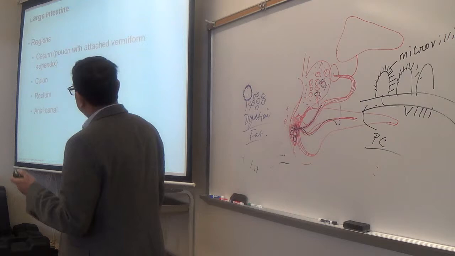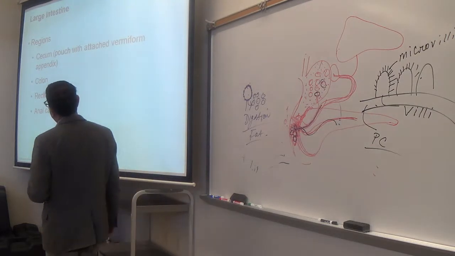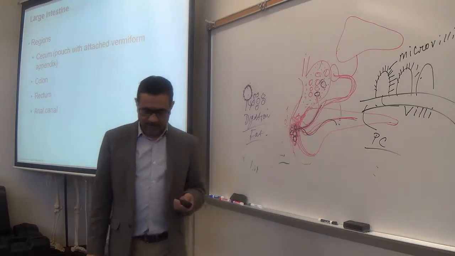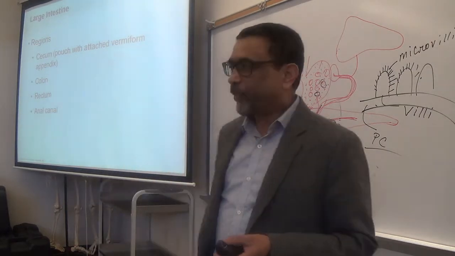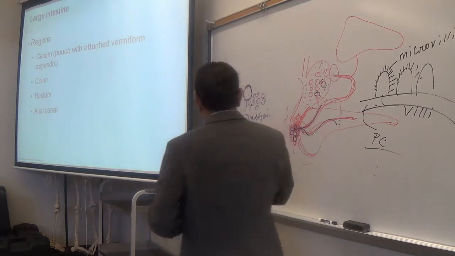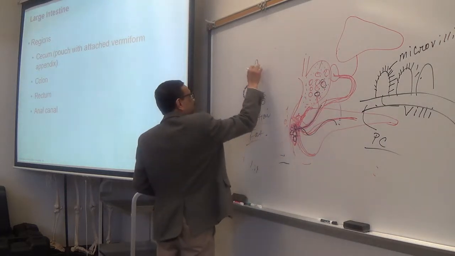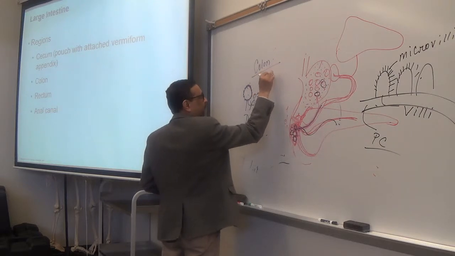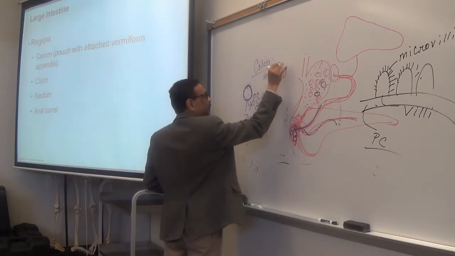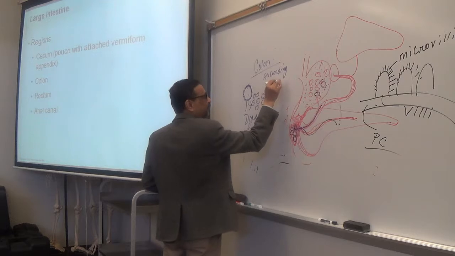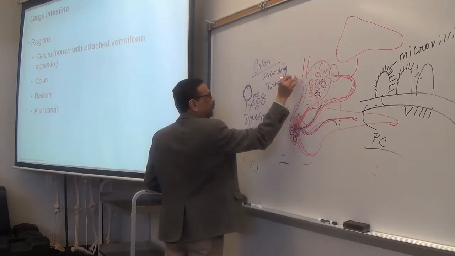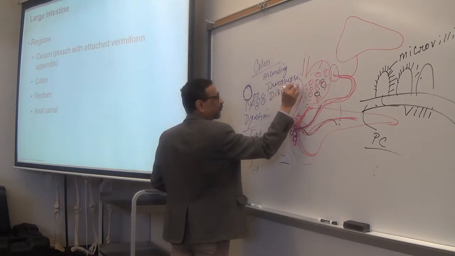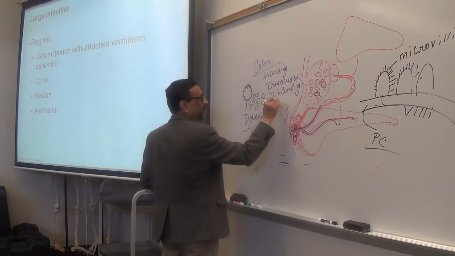Large intestine. If you see the parts, you have the cecum, which is the first part of the large intestine. Then you have the colon. Now the colon has the ascending colon, transverse, descending, sigmoid.